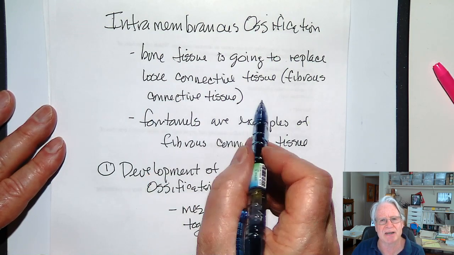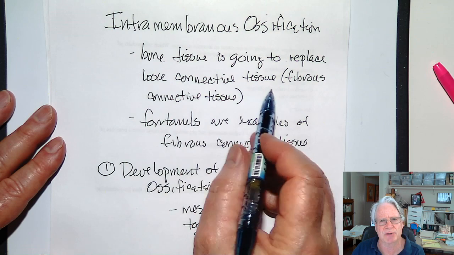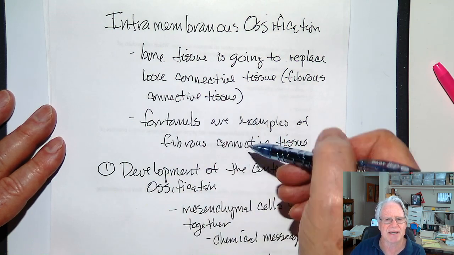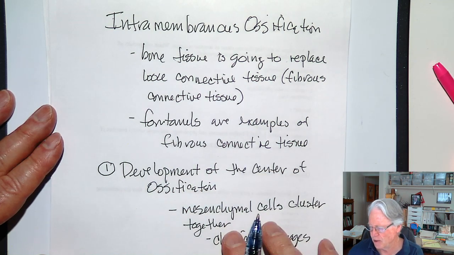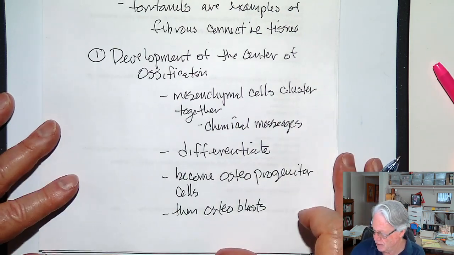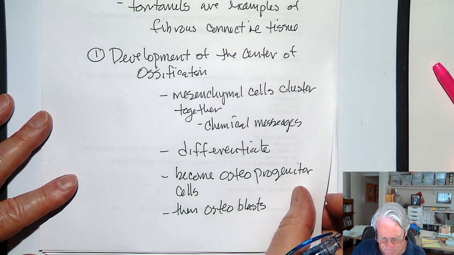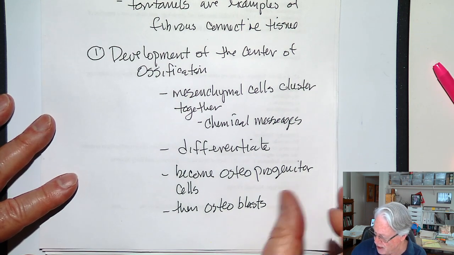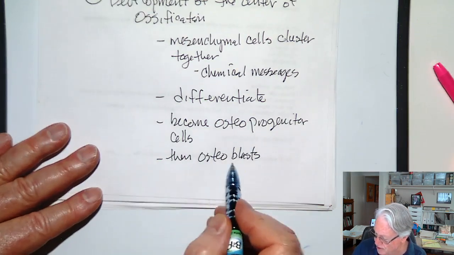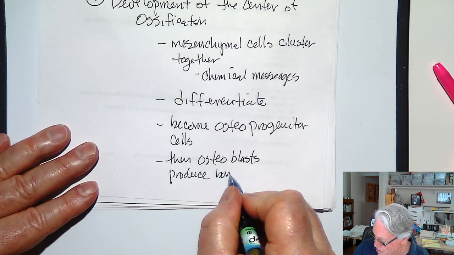So you're laying down the pattern initially with this fibrous connective tissue. Then these steps that we are talking about are going to occur. Okay, so development of the center of ossification. And so as this happens, then the osteoblasts begin to produce bone tissue.